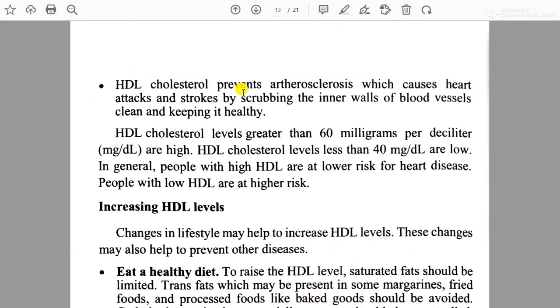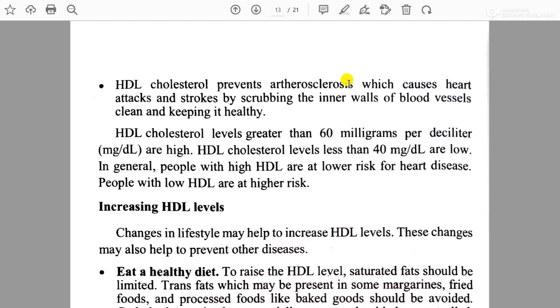HDL cholesterol prevents arteriosclerosis, which causes heart attacks and strokes, by scrubbing the inner walls of blood vessels clean and keeping them healthy. So HDL is called good cholesterol because it prevents conditions like arteriosclerosis.